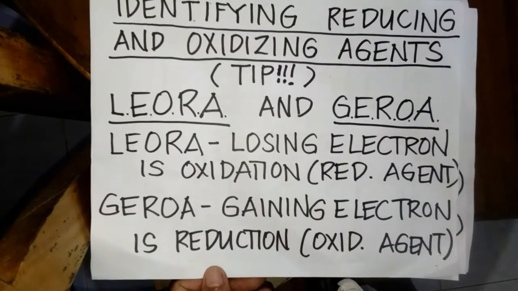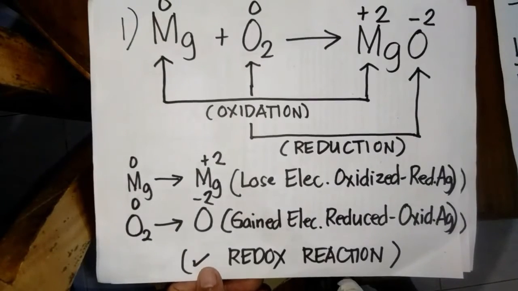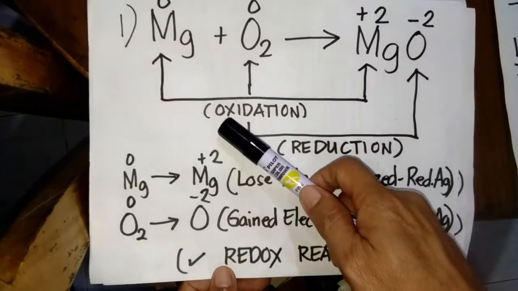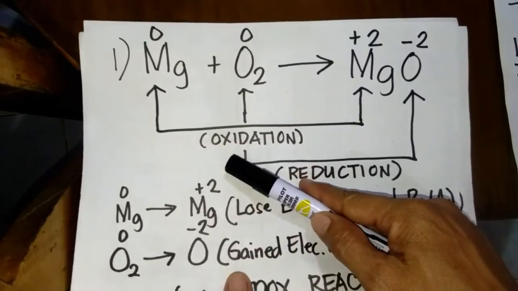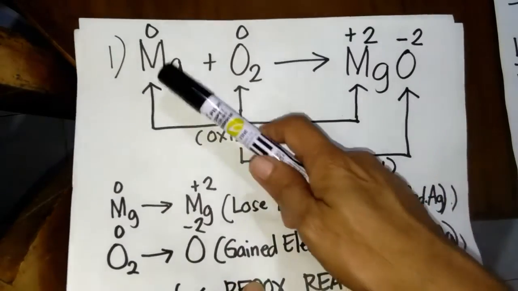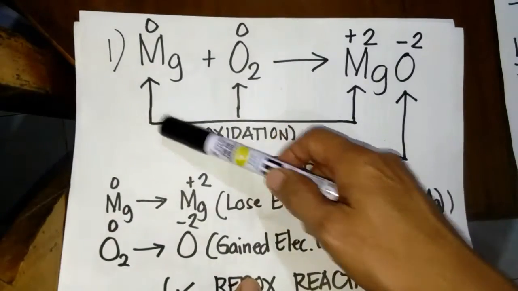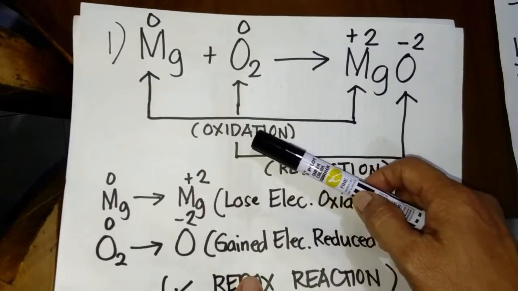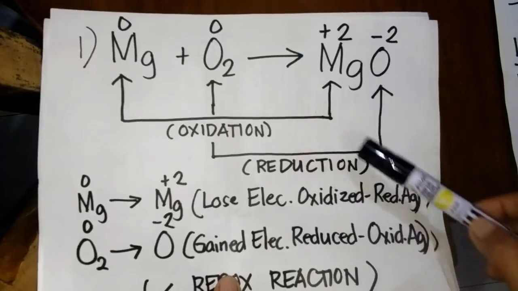Okay, let's have an example. Bear in mind again that losing electrons is oxidation. So you see oxidation, this one has lost its electrons, from 0 to positive 2, magnesium. So losing electrons is oxidation. LEORA, this will be now our reducing agent.